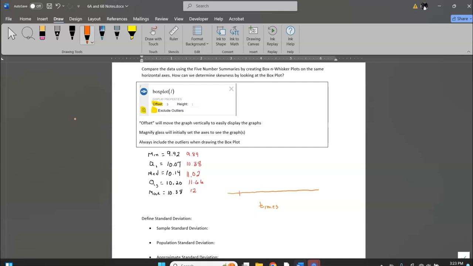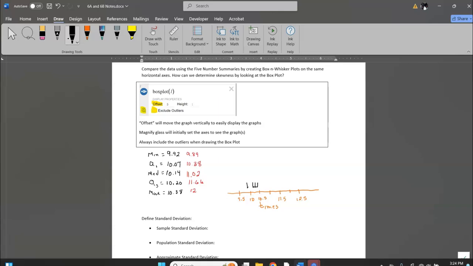So maybe we go from 9.5, then 10, 10.5, 11, 11.5, 12, and 12.5. Then I have 9.92, approximately right here. 10.07 is just a little bit beyond it. 10.14 is just beyond that. And 10.2.